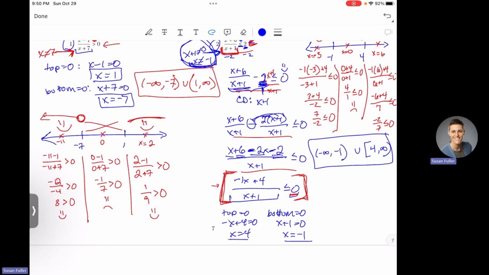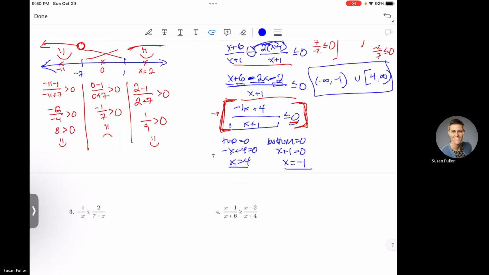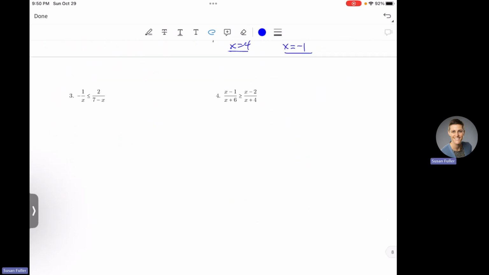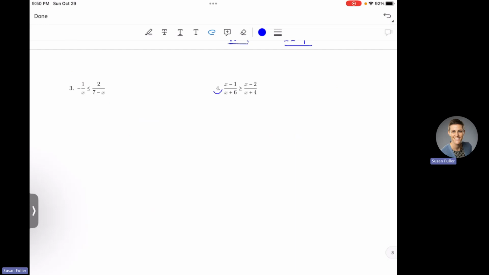Okay, I want to do one more of these and then we'll call that good for homework 10. So number 4 is the one of these that I want to do just to kind of help you remember how to add and subtract fractions.